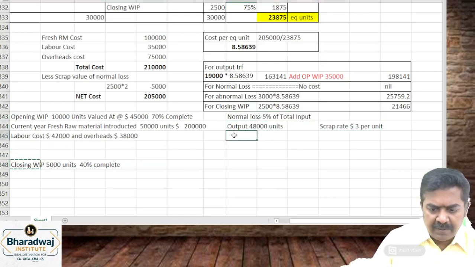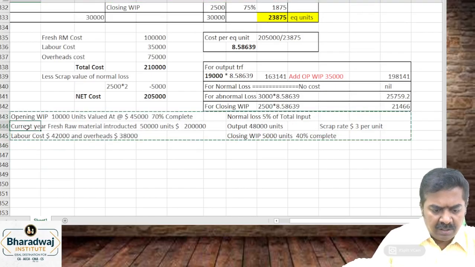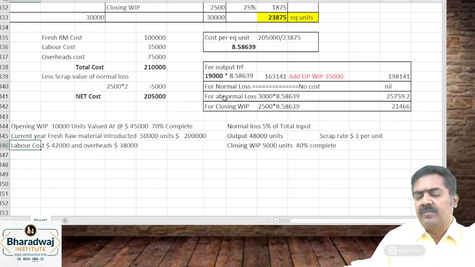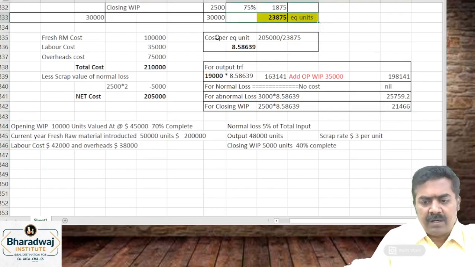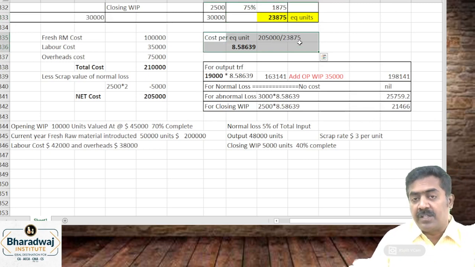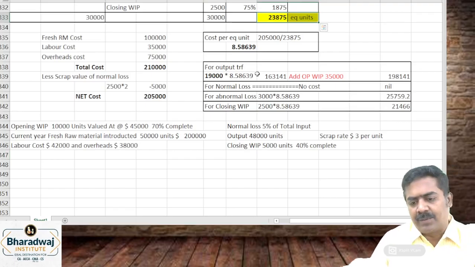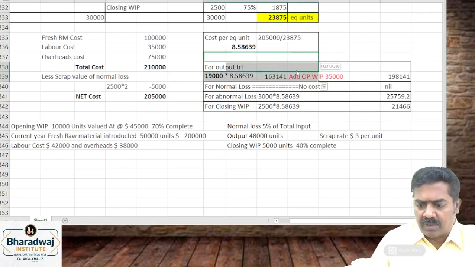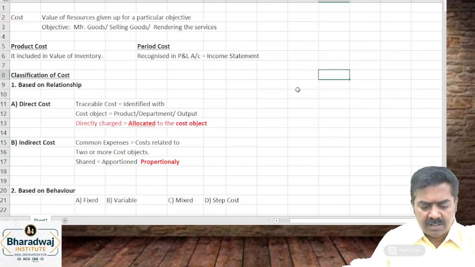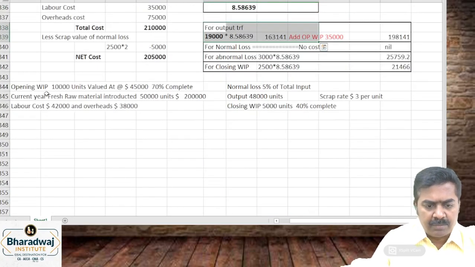Like this, they will give you data and ask you 3 or 4 questions based on it. Question 1 may be what is the equivalent unit. Question 2 will be what is the cost per equivalent unit using the FIFO method. The third question can be what is the cost of output, or the cost of normal loss, or the cost of abnormal loss. Like that they may ask you questions. So I request you to take up this question and try.